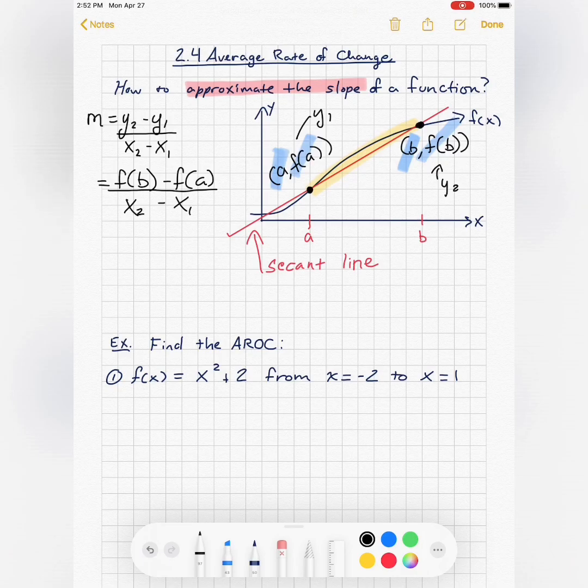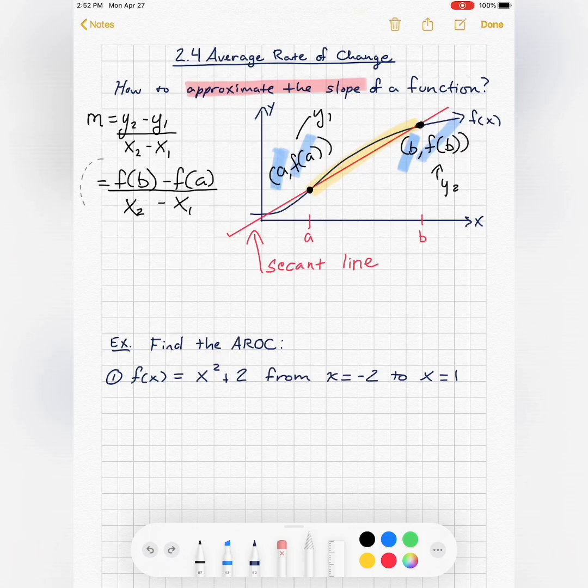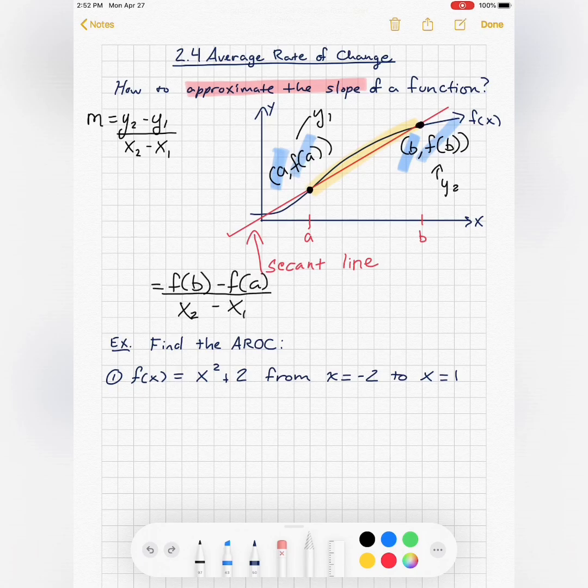Okay, so this formula, let me move this down here so there's a little bit more room.